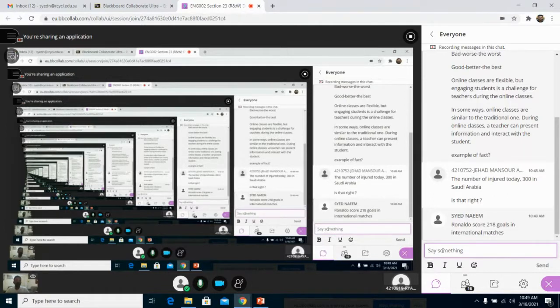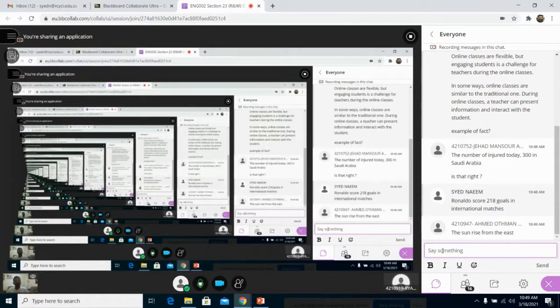You can say that the number of people who got corona in Saudi Arabia is 300 today. Okay, right. Good. Ronaldo scored 218 goals in international matches. So that could be one of the facts.